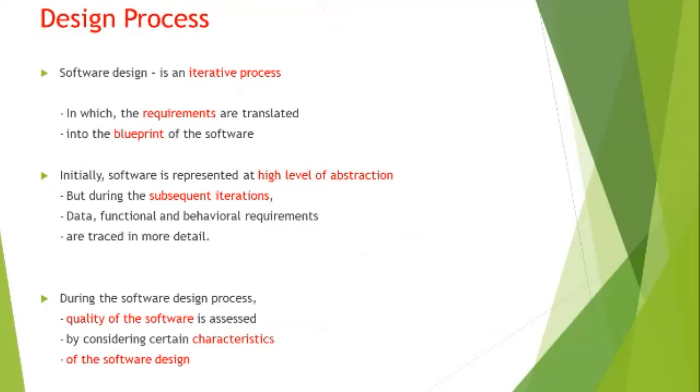Initially, software is represented at a high level of abstraction, but during the subsequent iterations, data, functional, and behavioral requirements are traced in more detail. During the software design process, the quality of the software is assessed by considering certain characteristics of the software design.